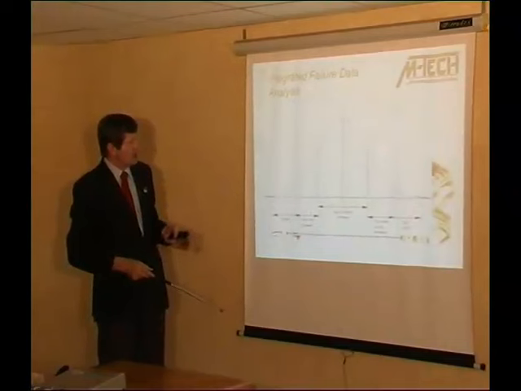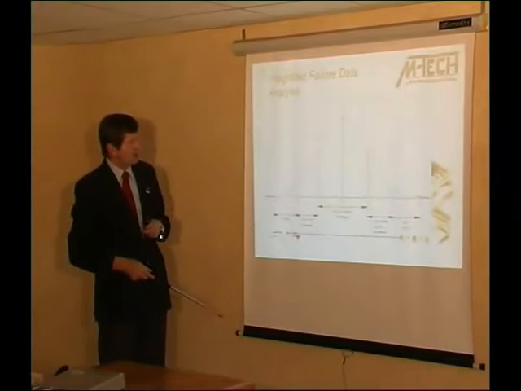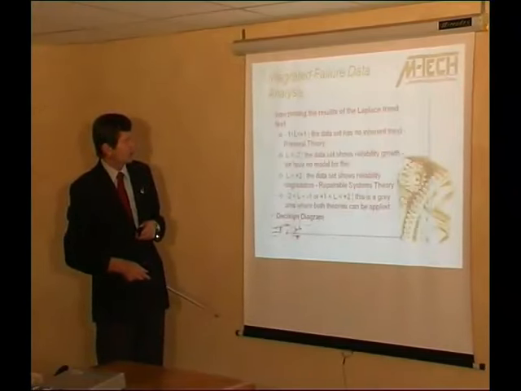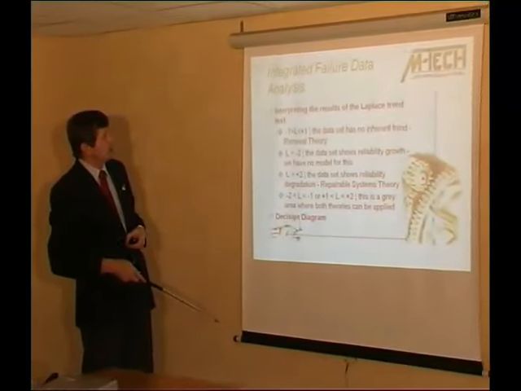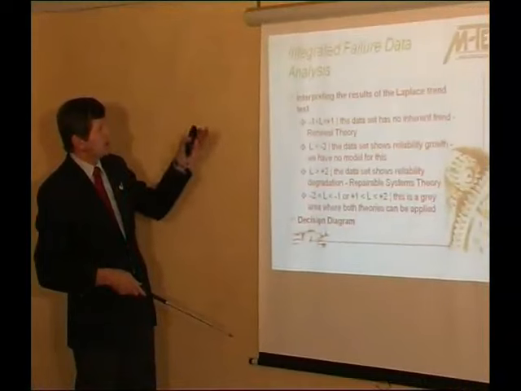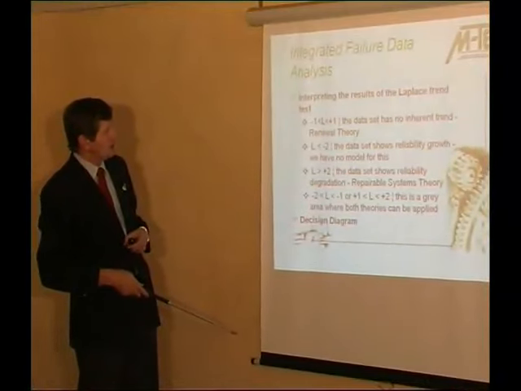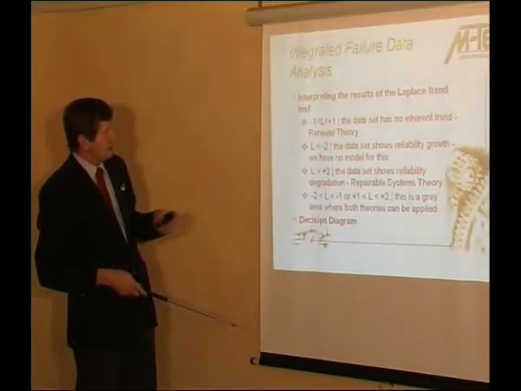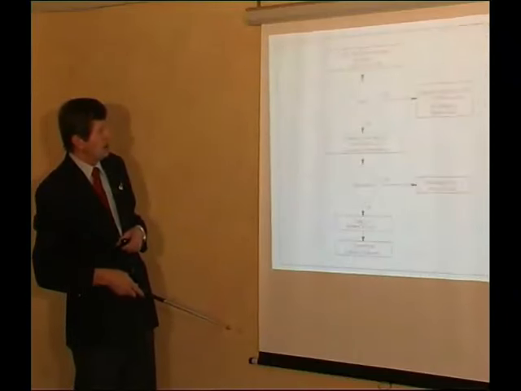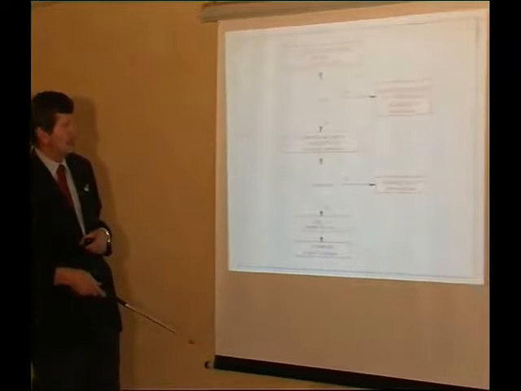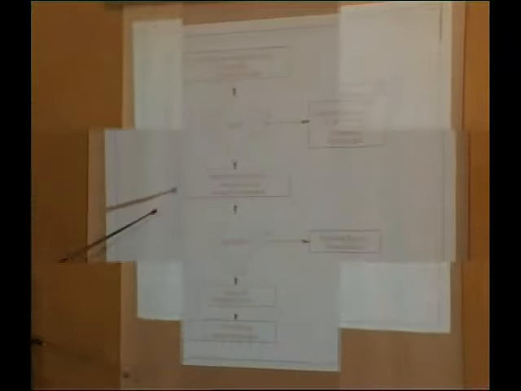So that then regarding the Laplace test. You have in the book another little write-up on how you interpret these. There's also a decision diagram there, which is a diagram by Asher and Feingold again.